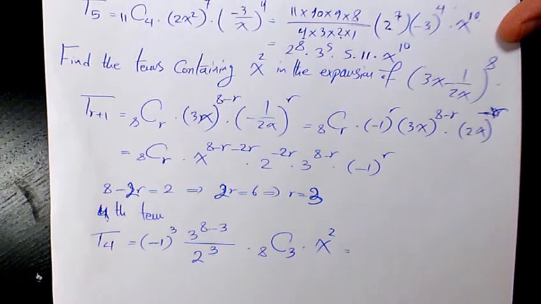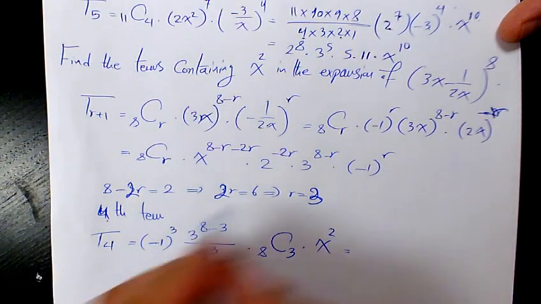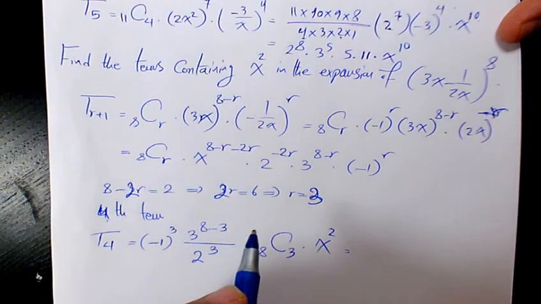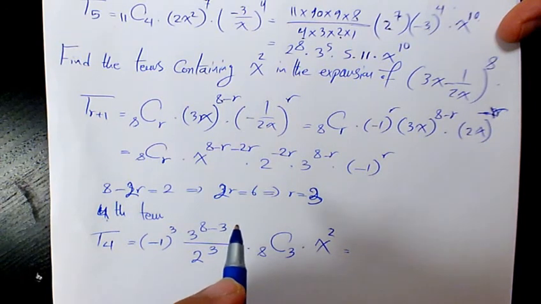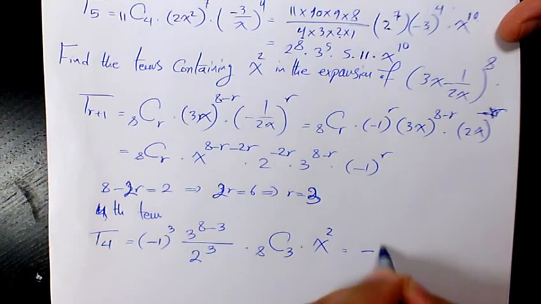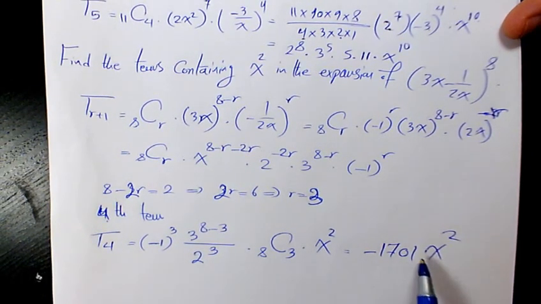When you calculate it, that's 2 to the power of r, yeah. So that's going to be negative 1701 x squared. That's the fourth term in this binomial expansion.